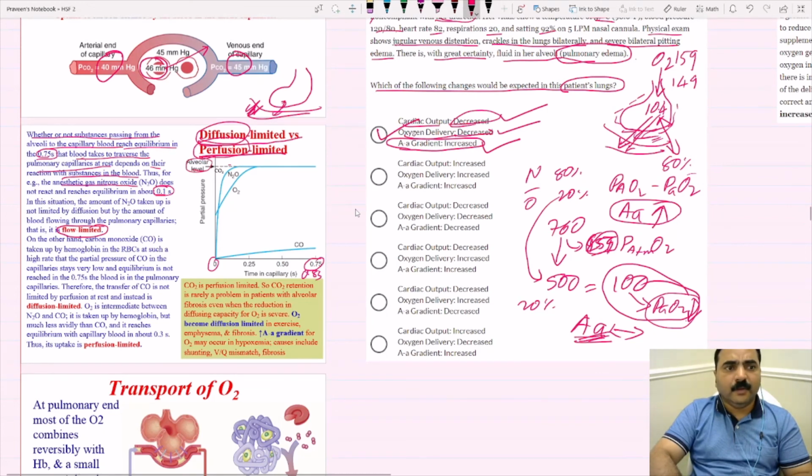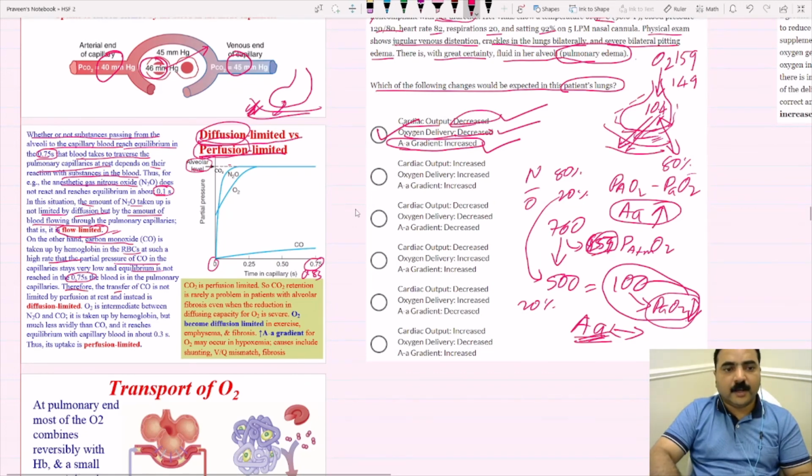So nitrous oxide requires about 0.1 seconds to reach equilibrium with the alveolar level. Okay, so in this situation, the amount of nitrous oxide taken up is not limited by diffusion, but by the amount of blood flowing through the pulmonary capillary. Thus, it is a flow limited or perfusion limited gas. On the other hand, carbon monoxide is taken up by hemoglobin in the RBC at such a high rate that the partial pressure of carbon monoxide in the capillary stays very low, and equilibrium is not reached even in 0.8 seconds, the time the blood is in the pulmonary capillary.